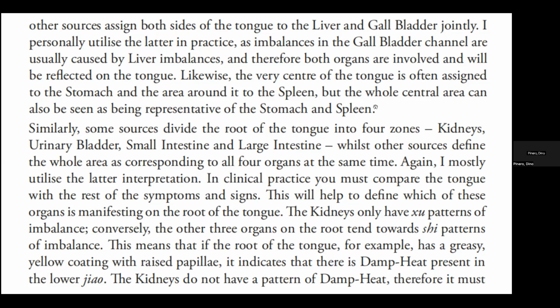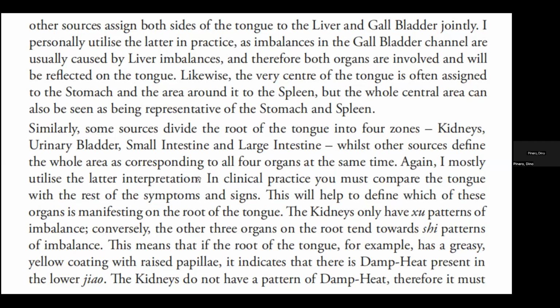We have the kidney, urinary bladder, small intestine, and large intestine. While other sources define the whole area as corresponding to all 4 organs at the same time. So, pwede po yung itong 4 organs represent nitong likod ng tongue. Again, I mostly utilize the latter interpretation. So the author uses all these 4 organs to represent the back part ng tongue.